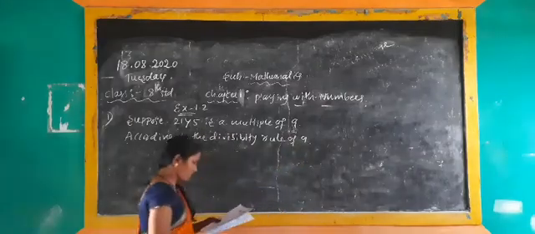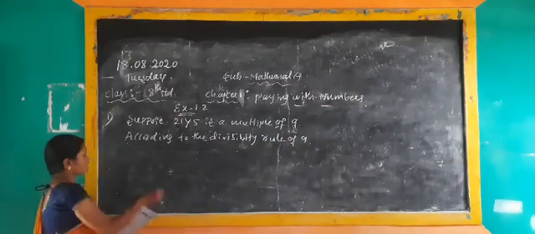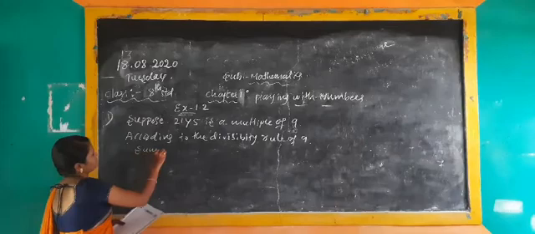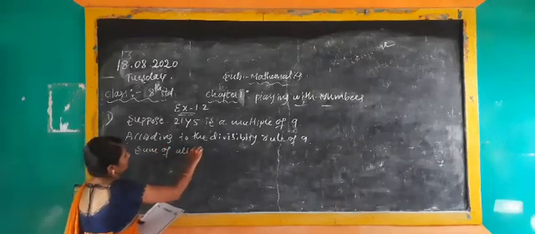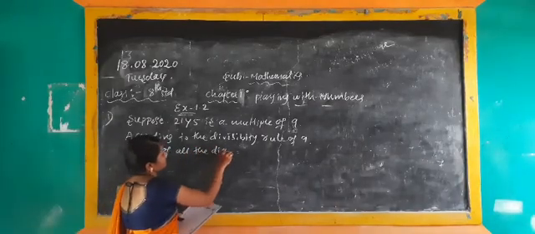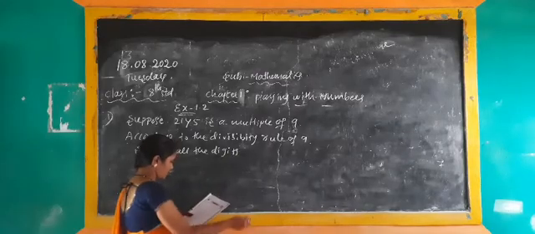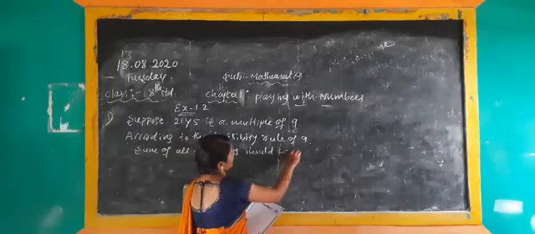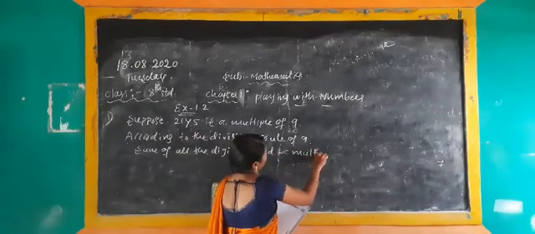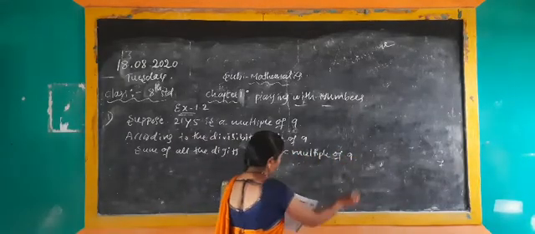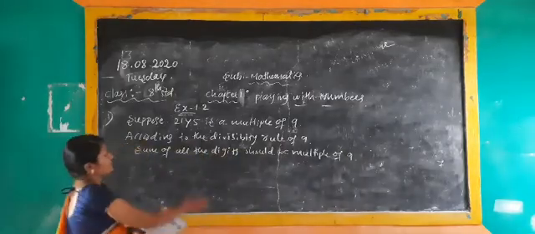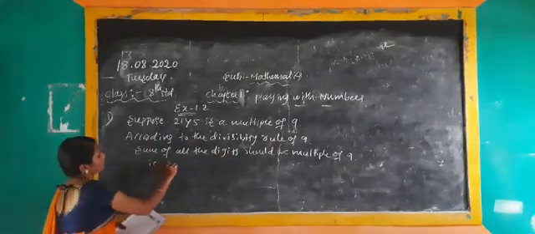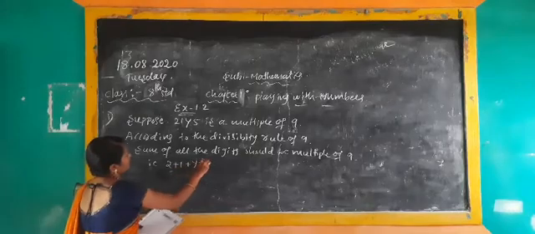The sum of all the digits should be a multiple of 9. Okay, just add the digits, that is 2 plus 1 plus y plus 5.